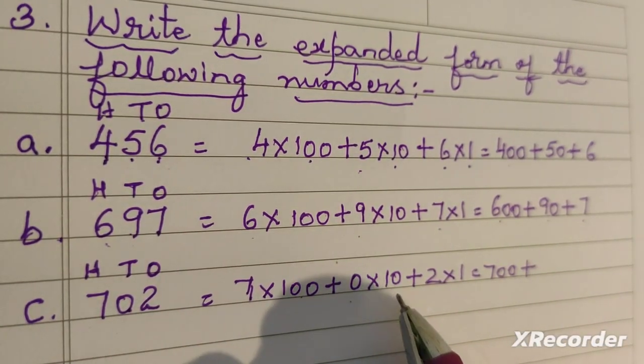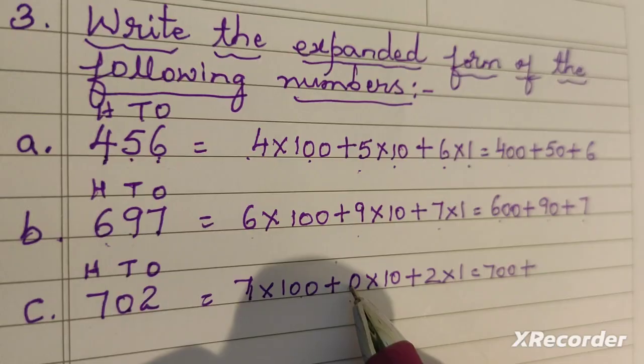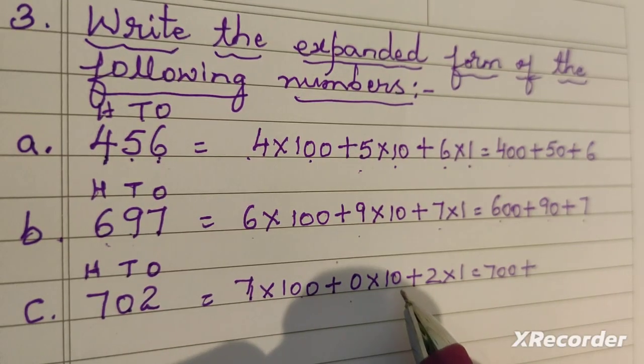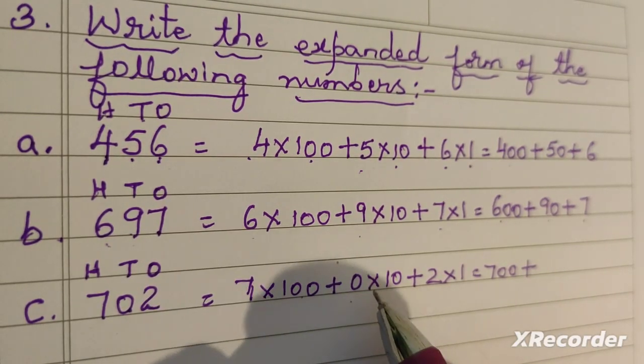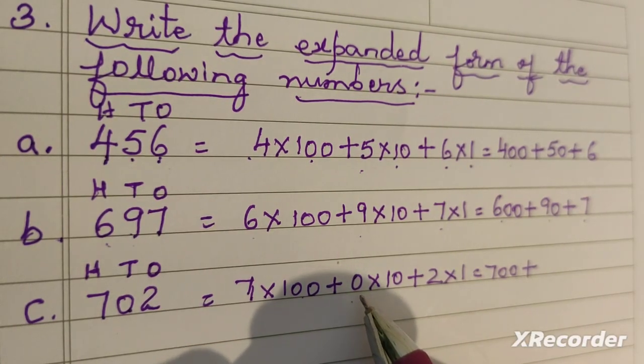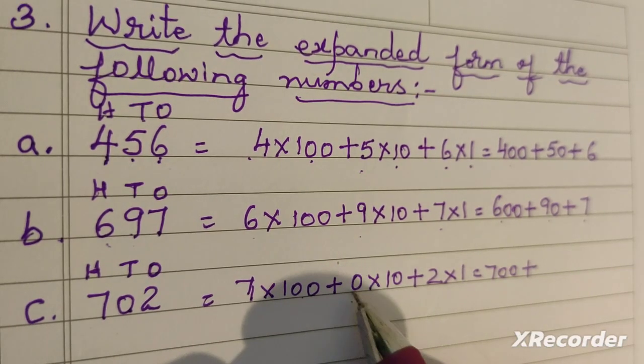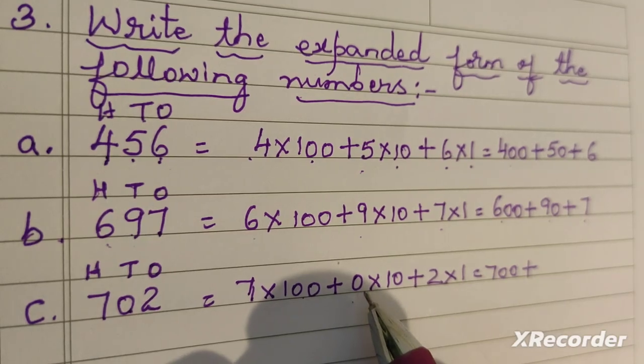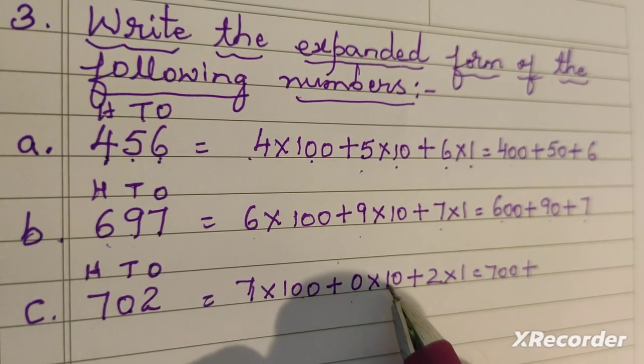Any number you multiply with 0, the answer is 0 itself. So here 10 is multiplied with 0 or 0 is multiplied with 10.